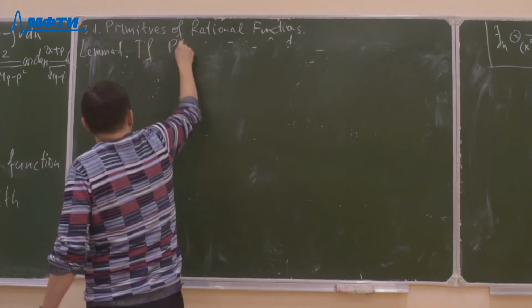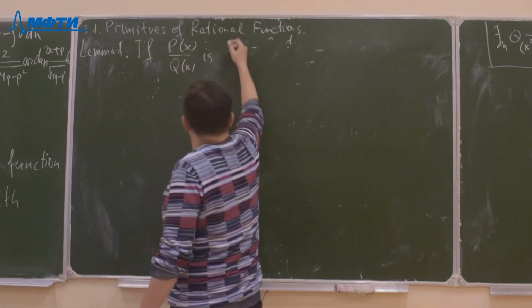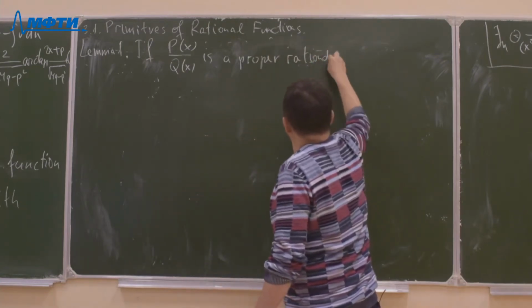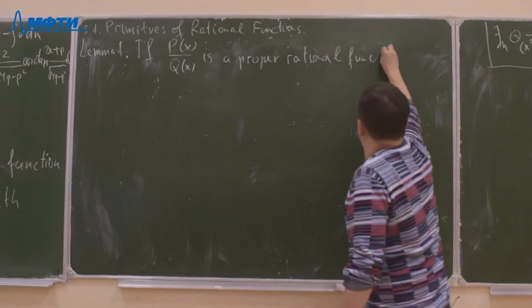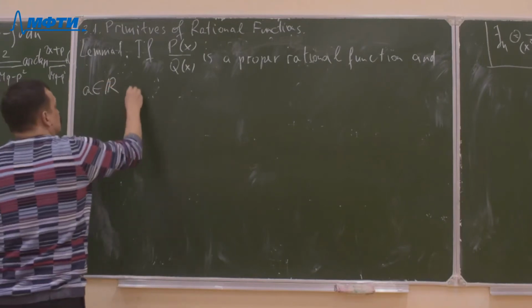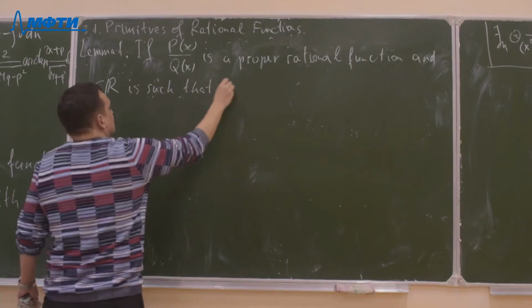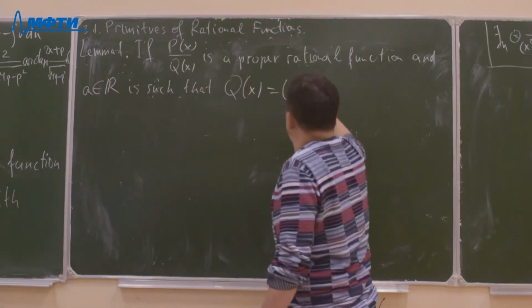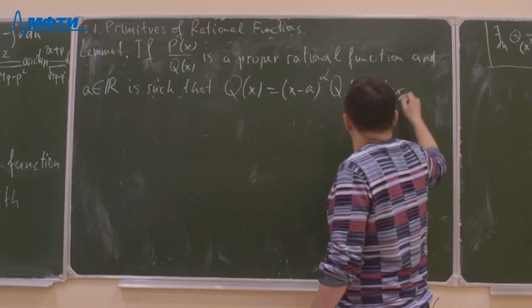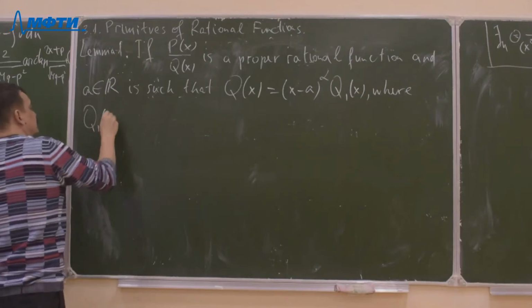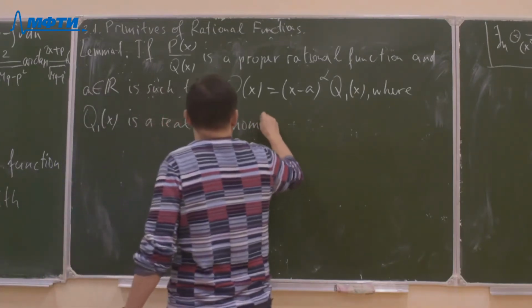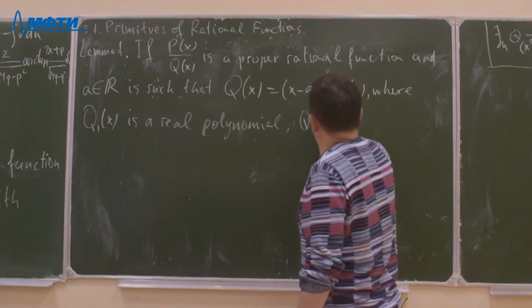If p of x over q of x is a proper rational function, and a real is such that q of x equals (x minus a) to the power alpha times q1 of x, where q1 of x is a real polynomial, and q1 of a is not equal to 0.